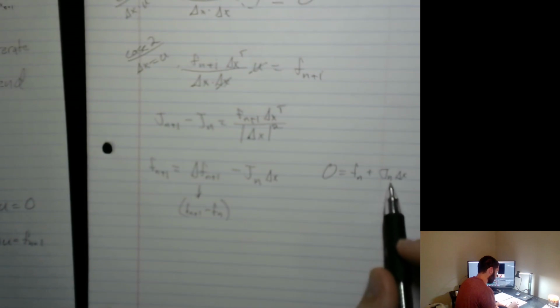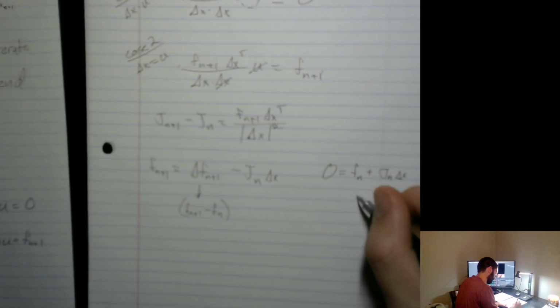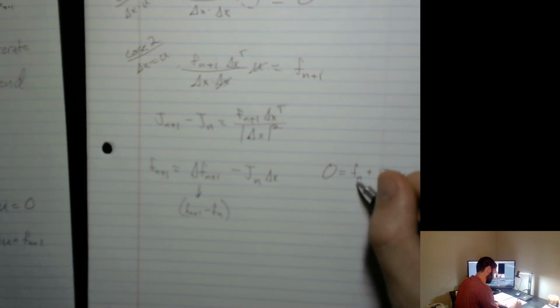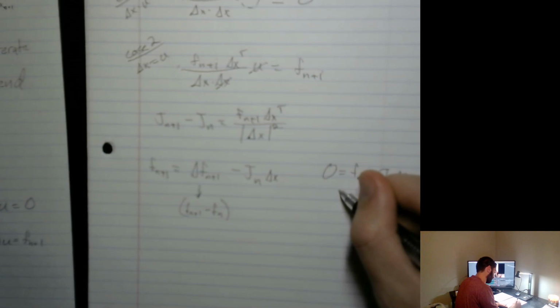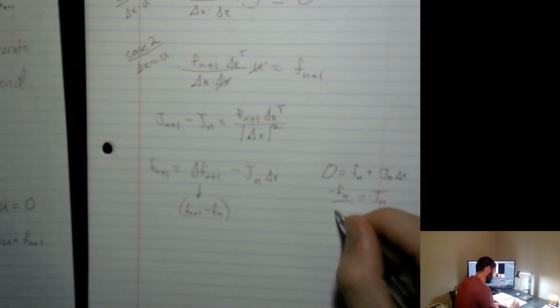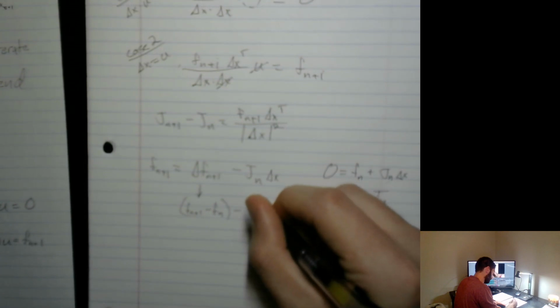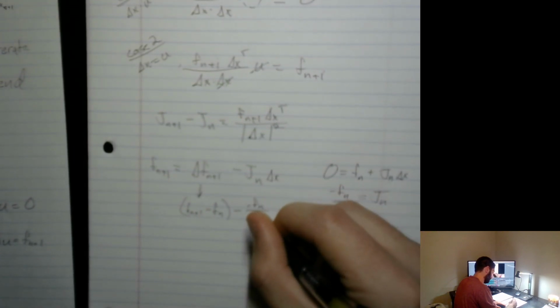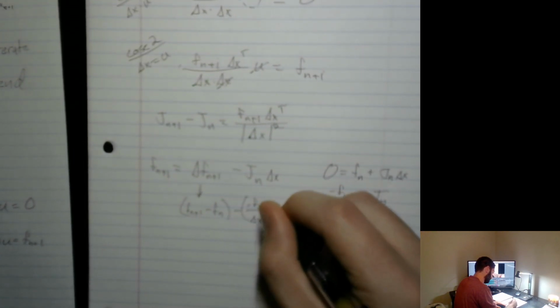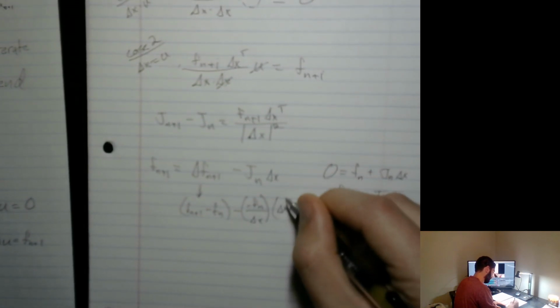Now, if we solve for jn, we can replace that here. So jn is going to equal, if we subtract fn to this side, negative fn, divided by delta x, and we plug in, so minus this jn term, which is negative fn divided by delta x, that's our new jn, and then times this delta x that we carried down.